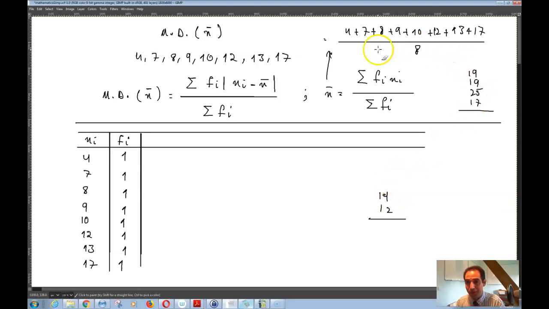I don't understand, I calculated all of these: 8 plus 9 plus 10 plus 12 plus 13 plus 17. This is 80. So okay, let me see. 19 plus 19 plus 25 plus 17 is equal to 80.